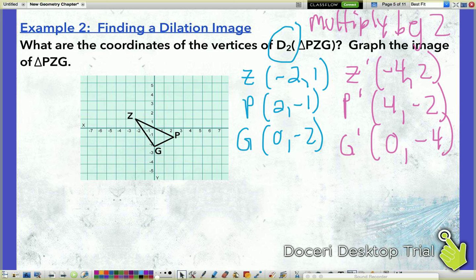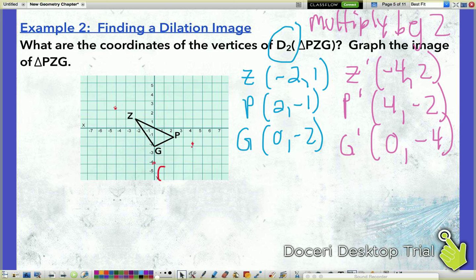Now let's graph that and see what it looks like. See if we're on the right track. -4, 2. My dot thing is not going to work. So 4, -2, and 0, -4.